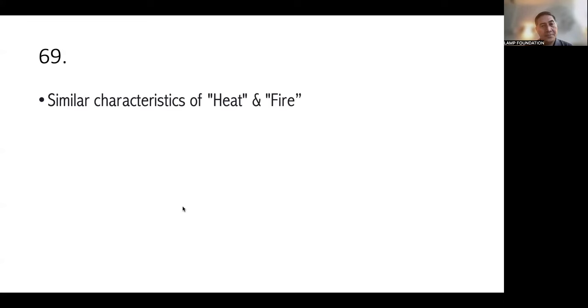It causes thirst. You will feel the heat. It produces mental restlessness and red tongue, rapid pulse. Very good. What are the differences between heat and fire?